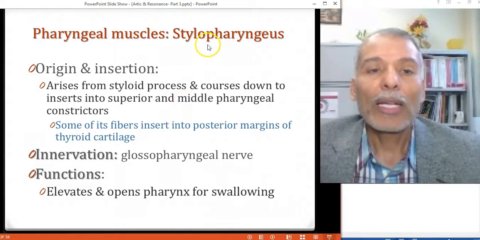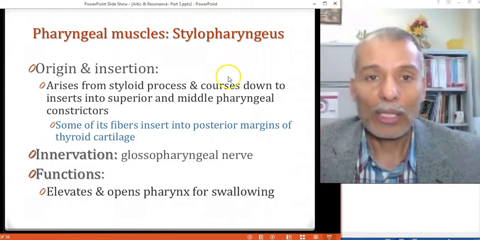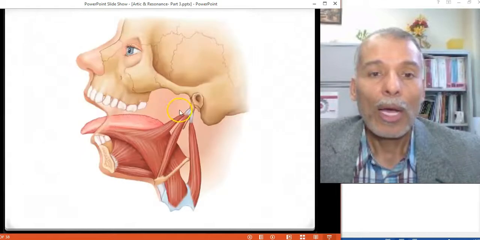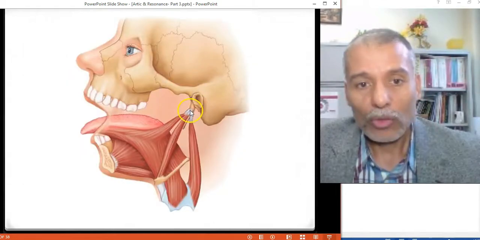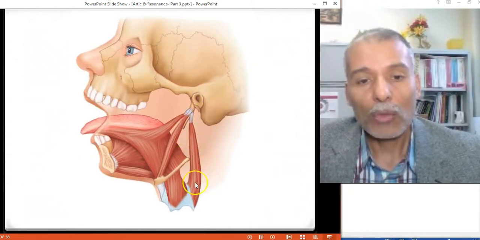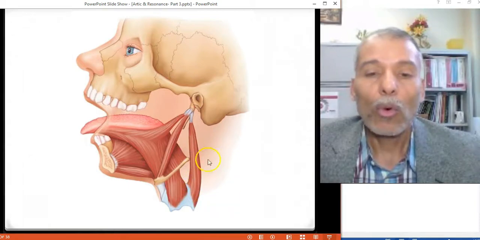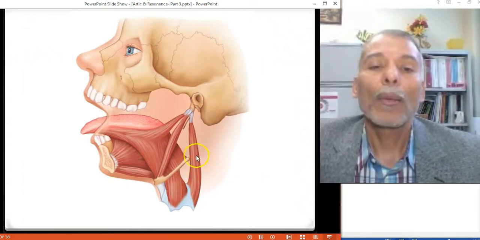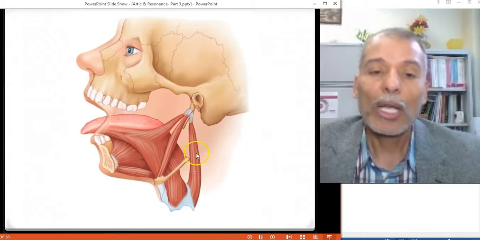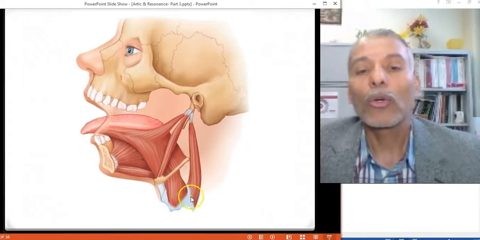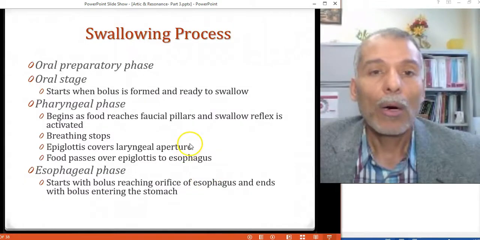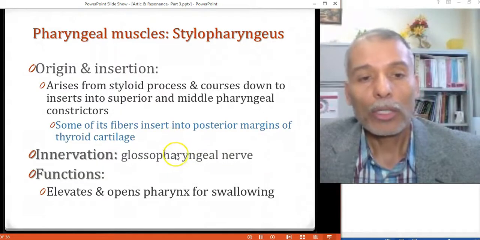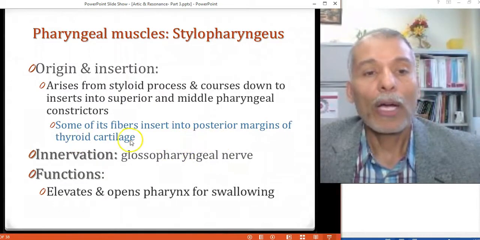The stylopharyngeus is a muscle that we discussed before, and here it is. It originates on the styloid process, courses downward, and inserts onto the walls of the pharyngeal constrictors, and also parts of it will insert onto the posterior margins of the thyroid cartilage.